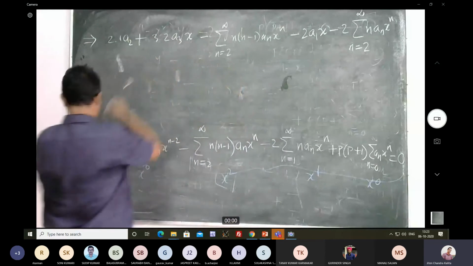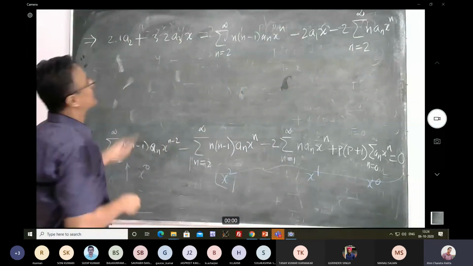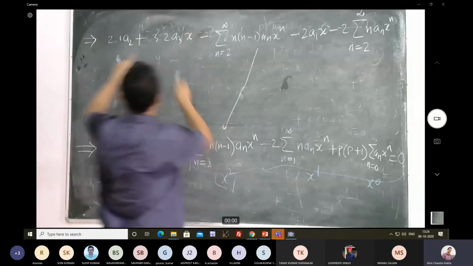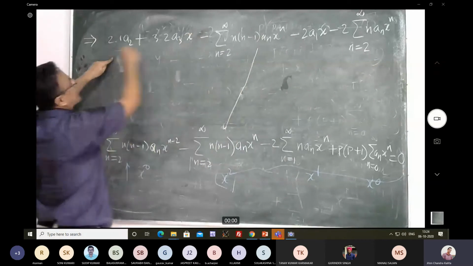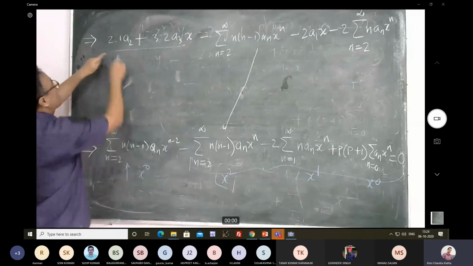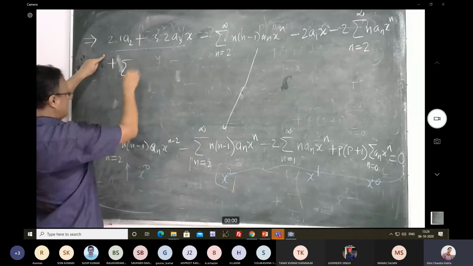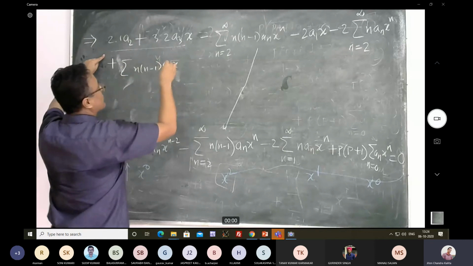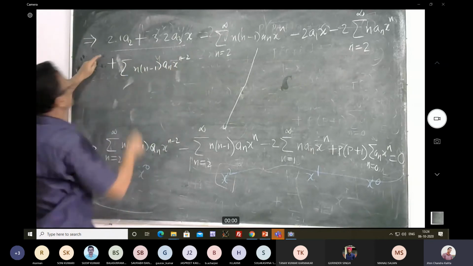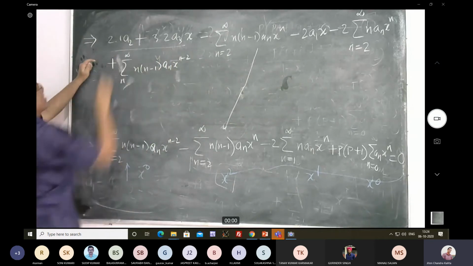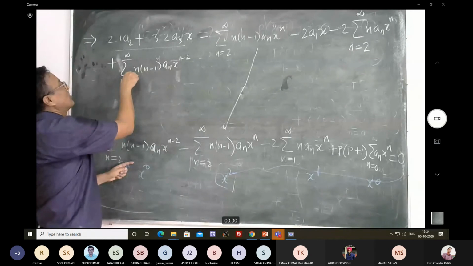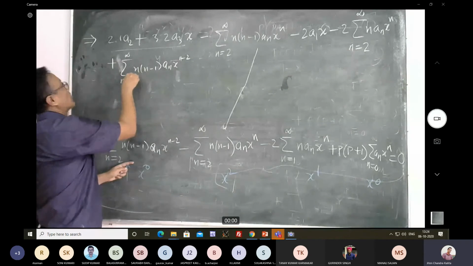Okay, so see, one thing I will say, this is nothing but this series, right? From this series I have taken these terms out. What about the others? The others are going to be n into n minus 1, an x to the power n minus 2, and n is going to start from where? Now I have taken the first two terms out of this series, so n equal to 4.